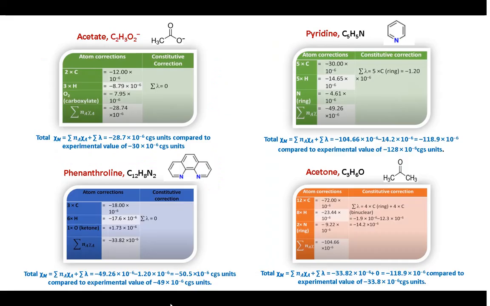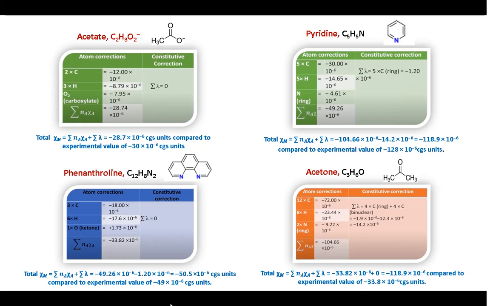The calculation of chi_M for some common ligands is shown here. See the first example. For acetate, atom correction for 2 carbon atoms is equal to minus 12 into 10 raised to power minus 6. For 3 hydrogen, it is minus 8.79 into 10 raised to power minus 6.